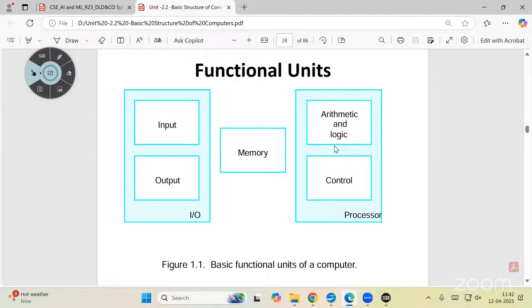So these are the different functional units in our computers: the input and output, called the IO devices, and the processor, which requires the memory unit.